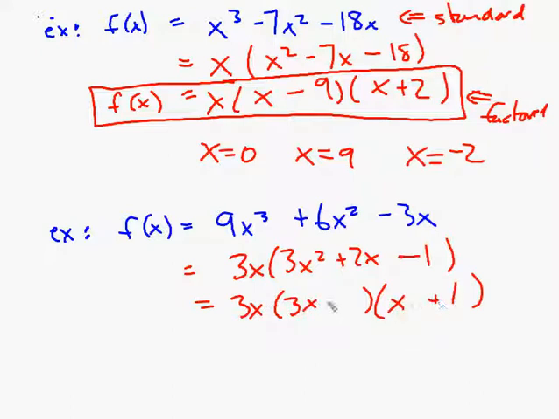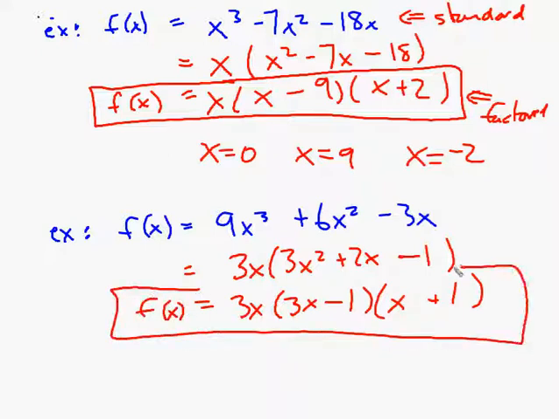Probably plus 1 here and minus 1 right there. That is the factored form. I'm done. That's all she wrote. Okay. That's it for the new section.